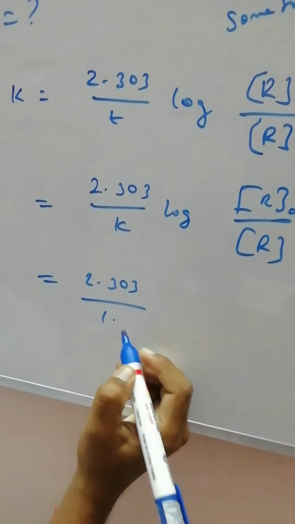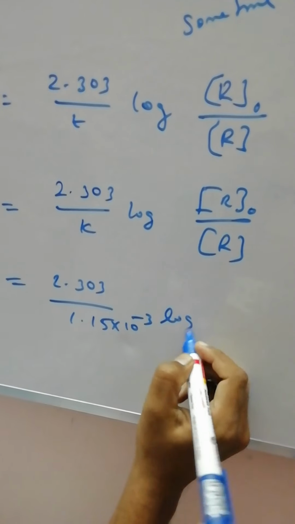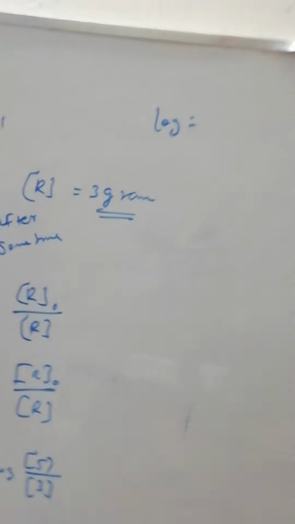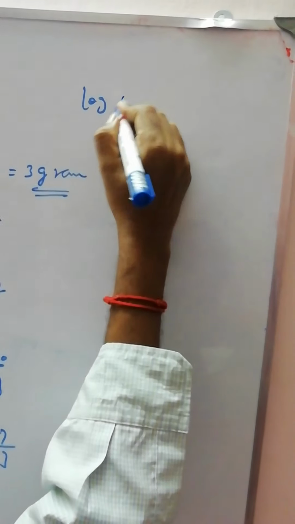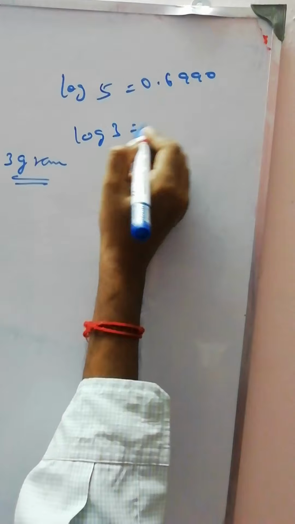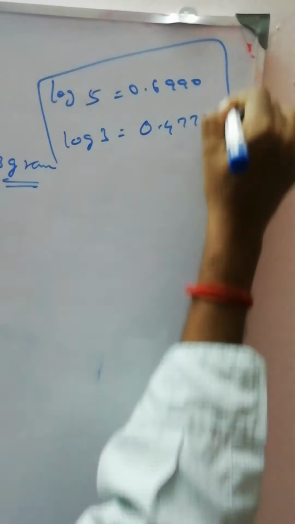T is equal to 2.303 by 1.15 into 10 to the power minus 3 into log 5 minus log 3. Here in the question, log 5 is equal to 0.6990 and log 3 is equal to 0.4771, given in the question itself.